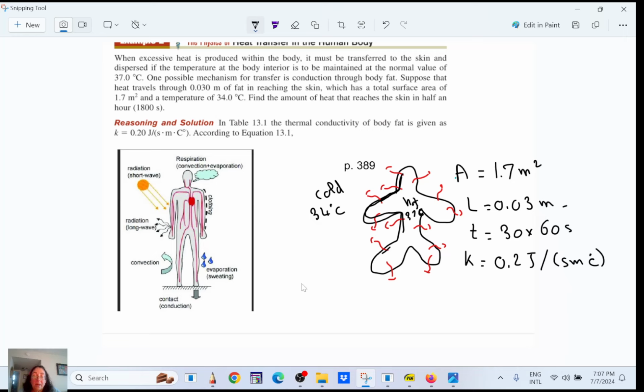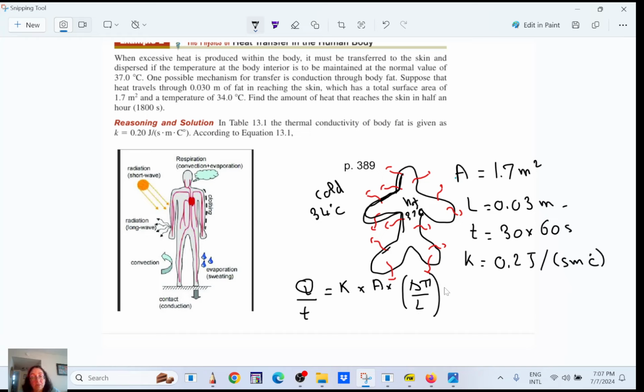So you can say the rate at which the heat is leaving the body is going to be that constant times the area times the gradient per unit length.